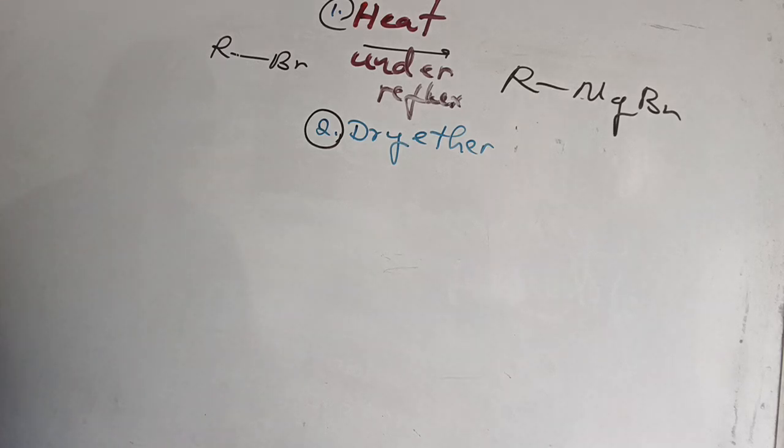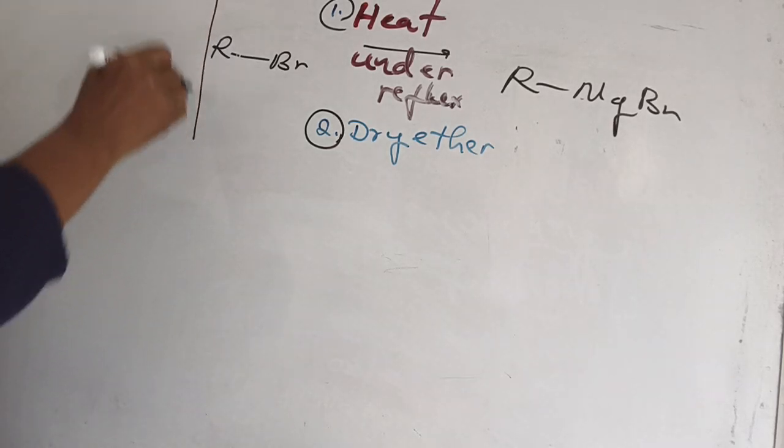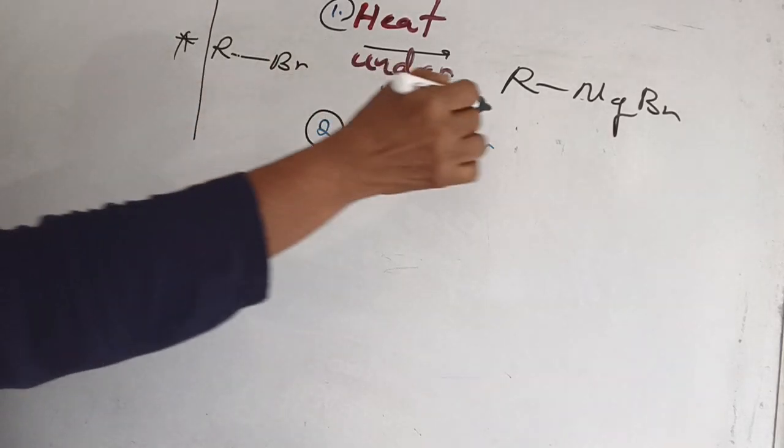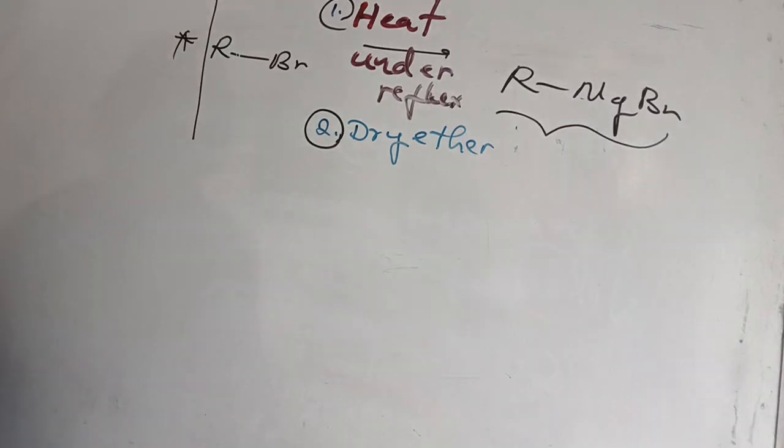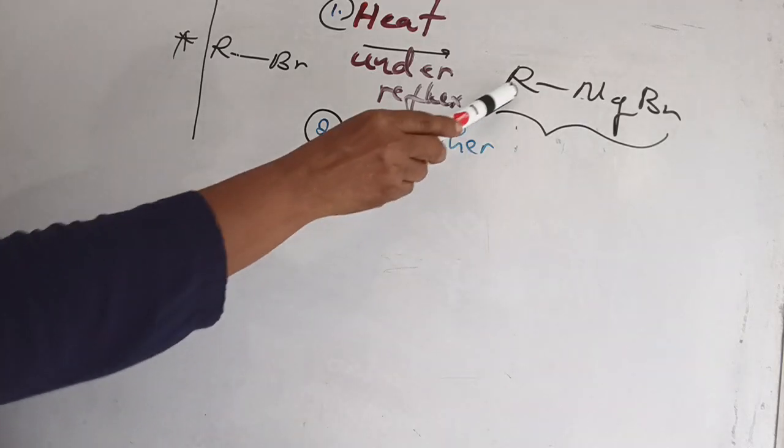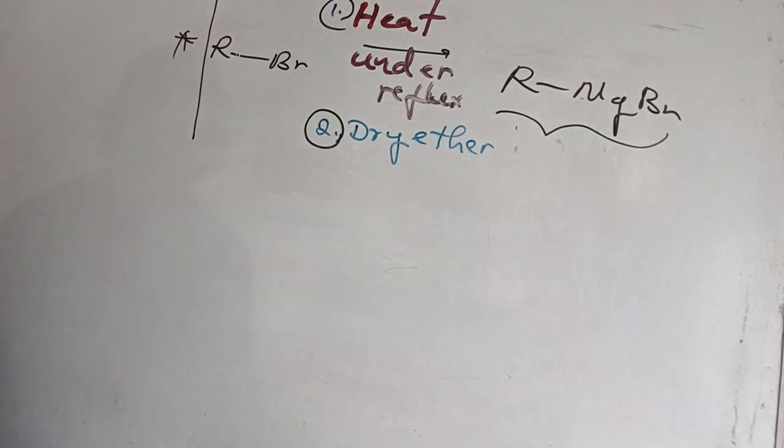The main thing in this synthesis procedure is to obtain an alkyl magnesium halide, and it is often the bromide because there is a special stability when the magnesium bromide is directly bonded to the carbon atom.